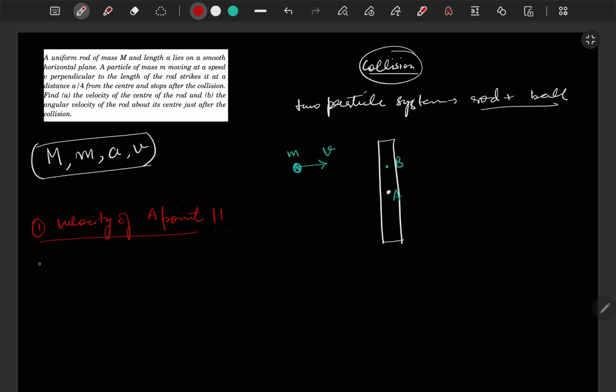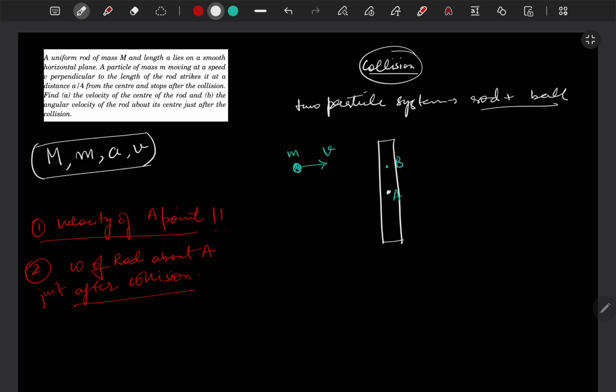Since they're asking about velocity, you have to start wondering about it. And the angular velocity of the rod about its center, and about A, just after collision. This is the thing that they are asking.